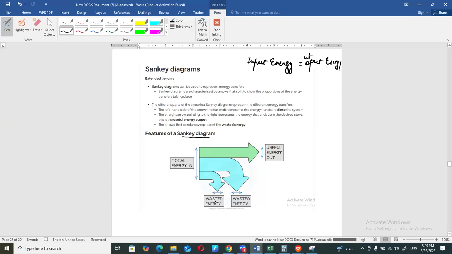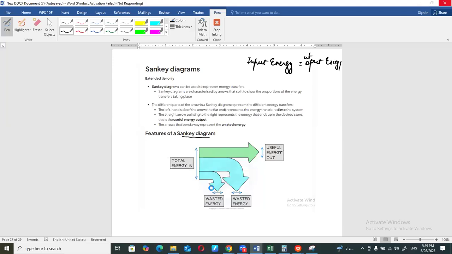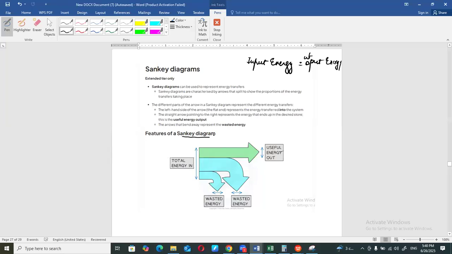There can be multiple wasted energies as well. So a Sankey diagram is a diagrammatic illustration of how the input energy is transferred into the output energy. Definitely, some of the energy is transferred as useful energy output, and some of the energy is wasted.